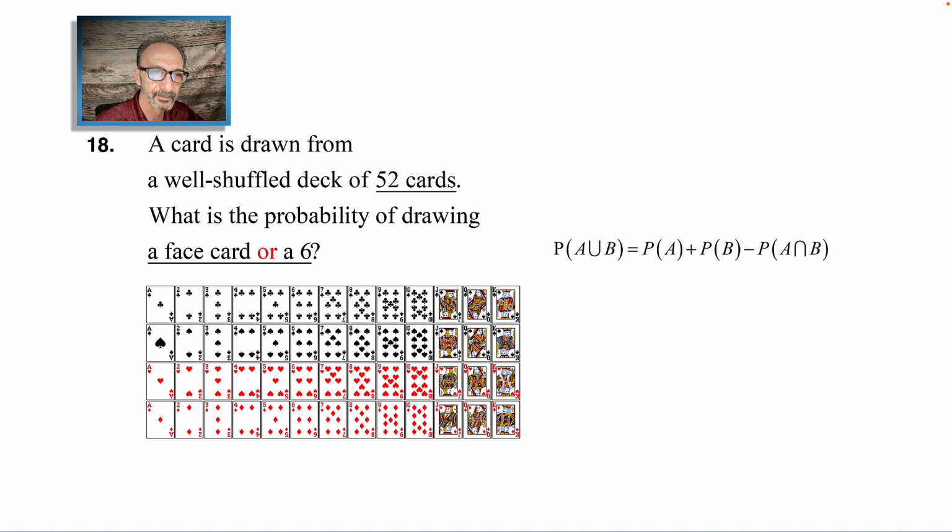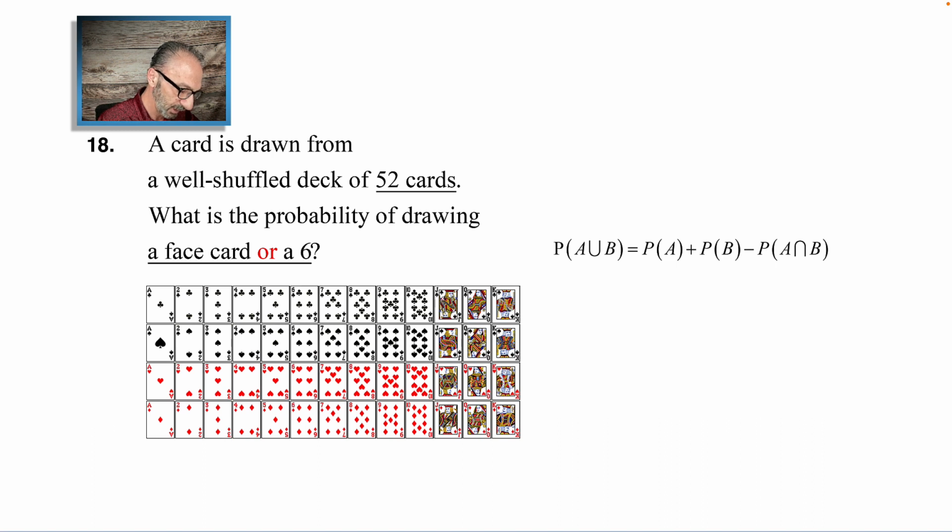Number 18. A card is drawn from a well-shuffled deck of 52 cards. What is the probability of drawing a face card or a 6? Face cards are 12 cards, and the number 6 appears in 4 cards. These are the 4 cards. Or refers to union, and I have the formula on the side, so let's apply it.